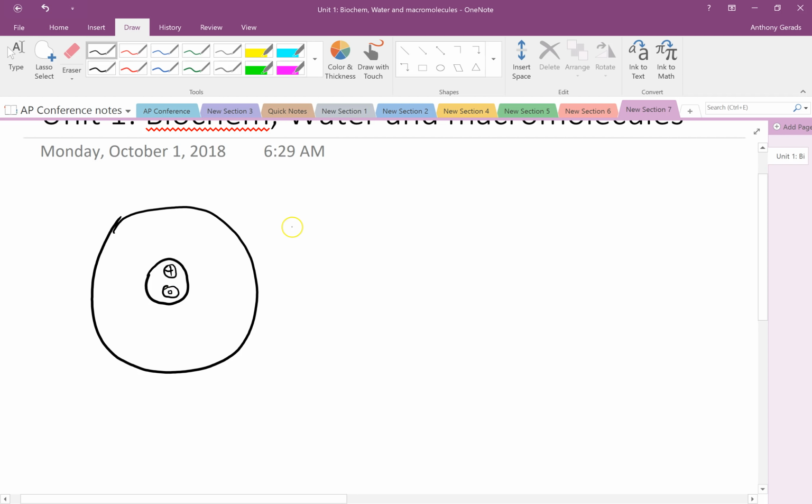So in there, I've got protons, okay, which are going to be positive, and they're found in the nucleus. And I've got neutrons, which are going to have no charge, and they're going to be found in the nucleus. And then finally, I've got one last thing.